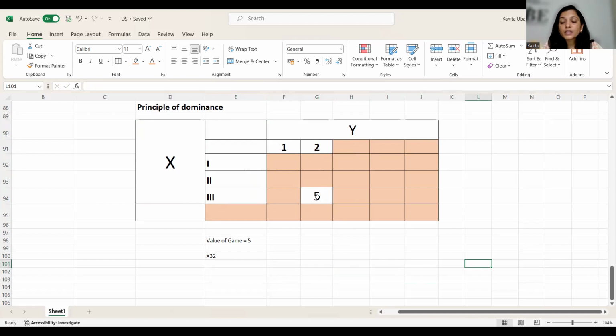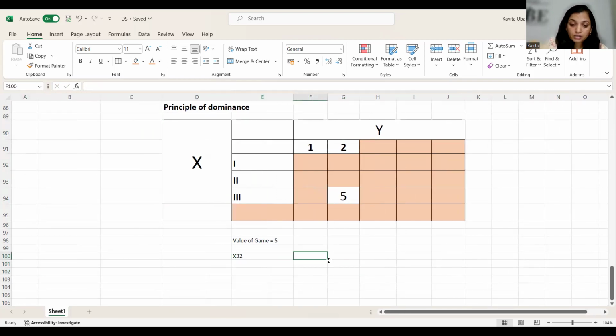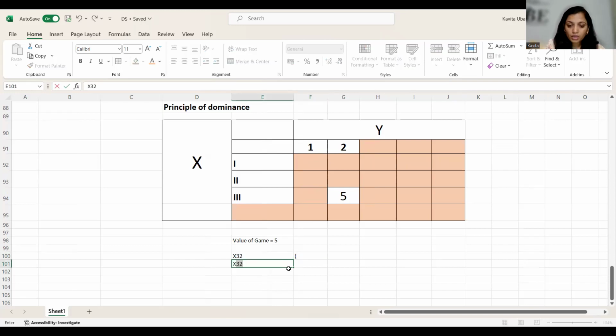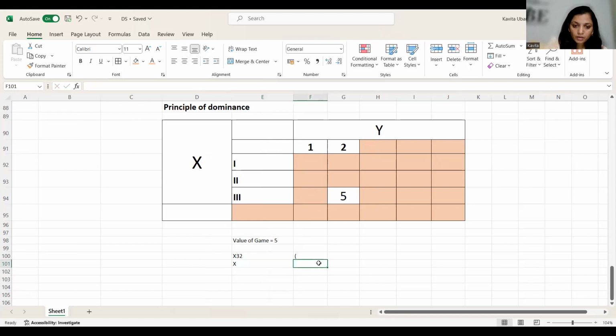That means the second is the most preferred strategy for player Y, and the third is the most preferred strategy for player X. When we write it down in probabilities, this is the way we write it for X. For X, the third strategy is the optimum strategy, so we will write it as 0 for the first strategy, 0 for the second strategy, 1 for the third, and 0 for the fourth.